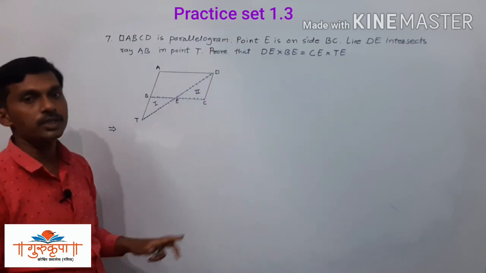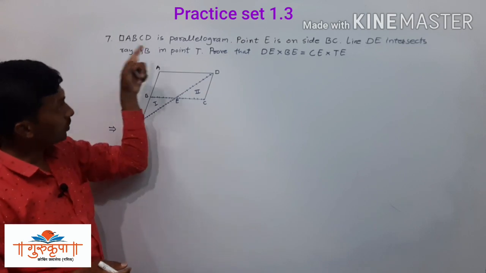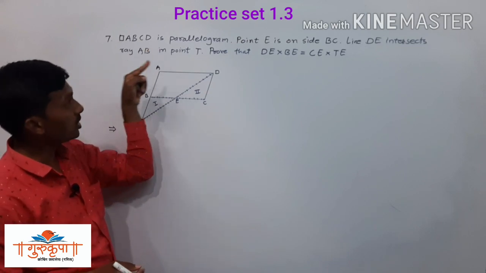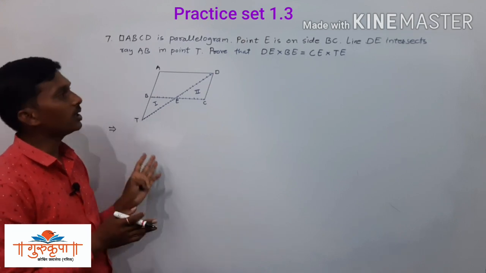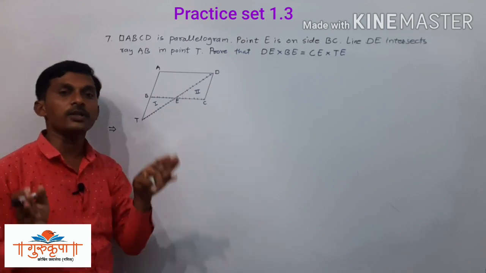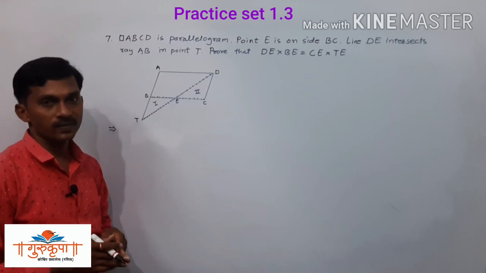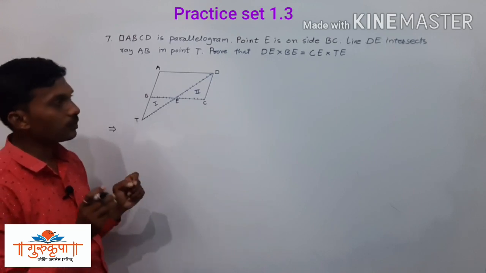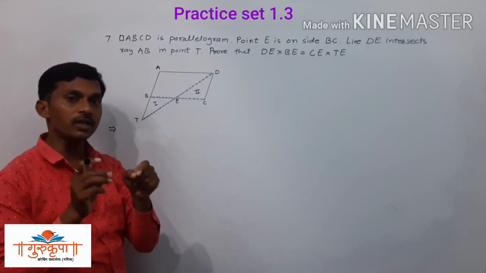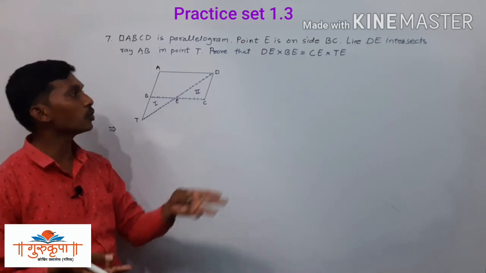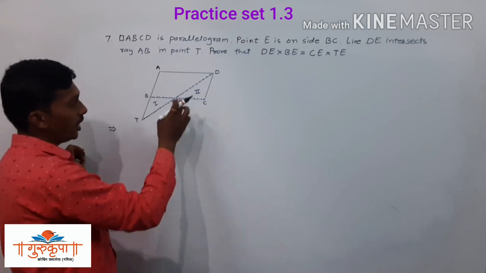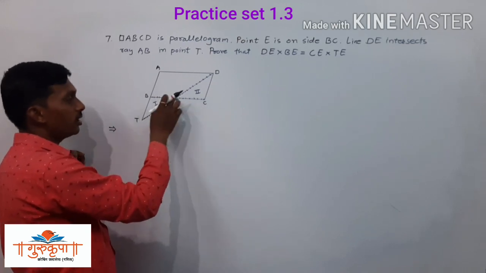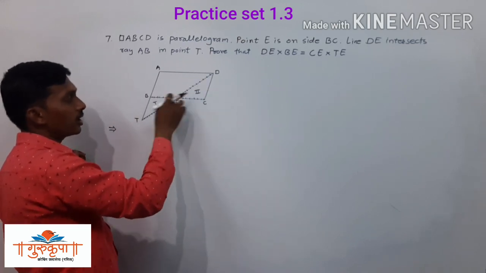It is too easy. Example number 5, example number 6 and this is example number 7. Each and every example is related with the similarity of two triangles. So here it is important to get the two triangles which we have to show similar to prove that DE into BE is equal to CE into TE, and we get those triangles, that is triangle BET and triangle CED.